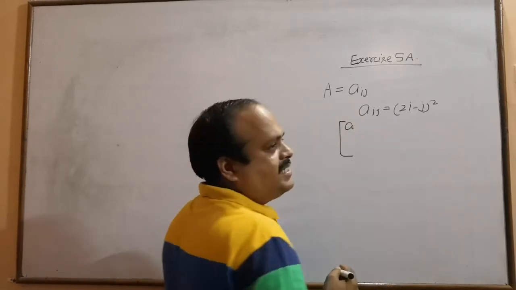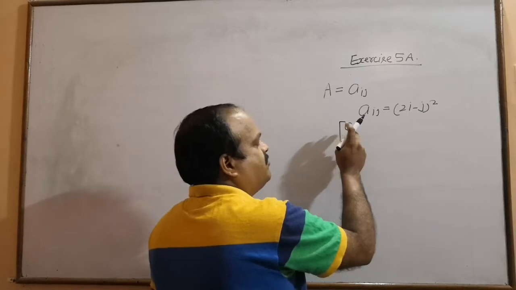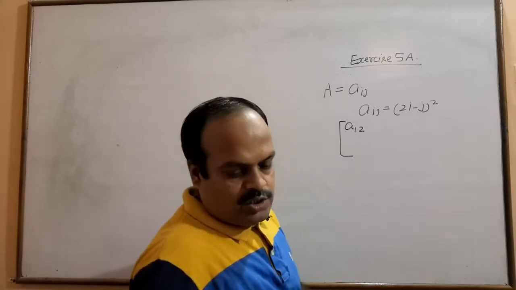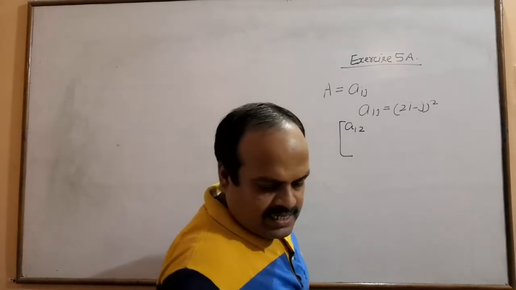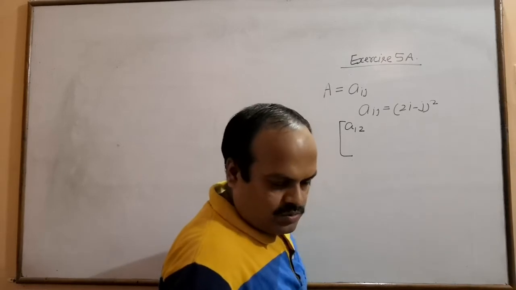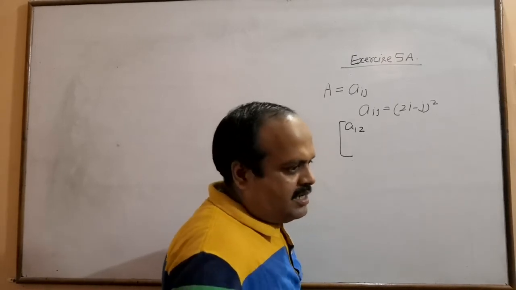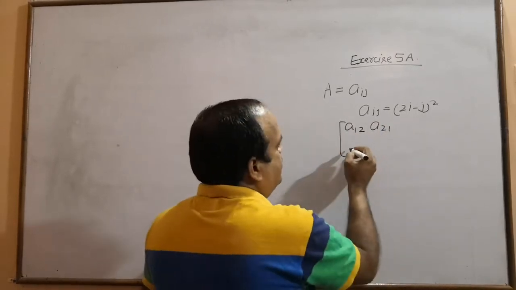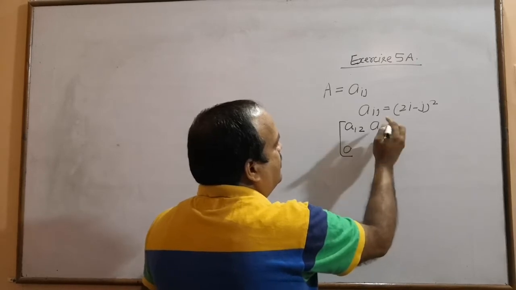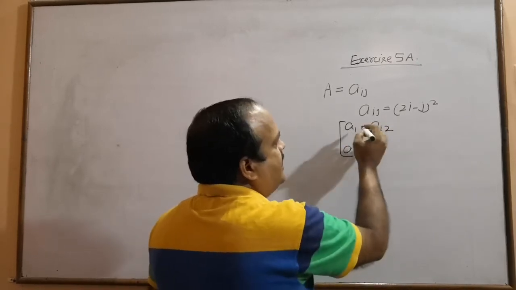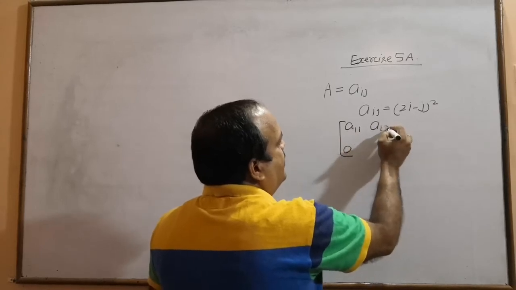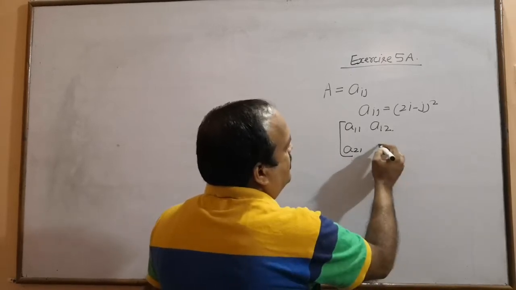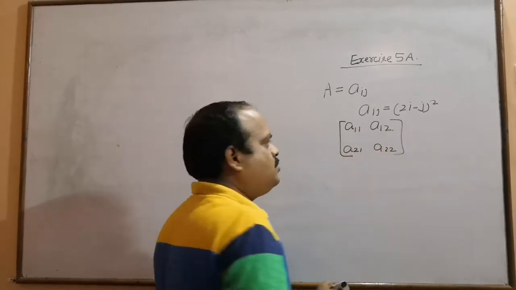So the matrix which we will write here will be A11, A12, A21, A22.